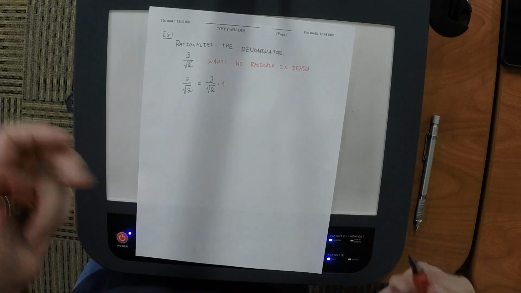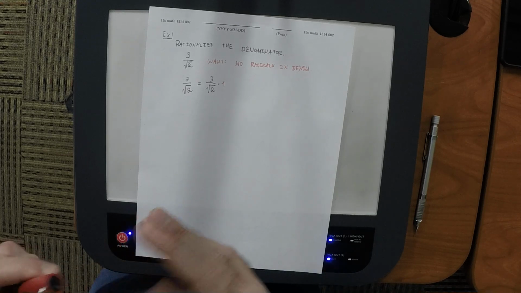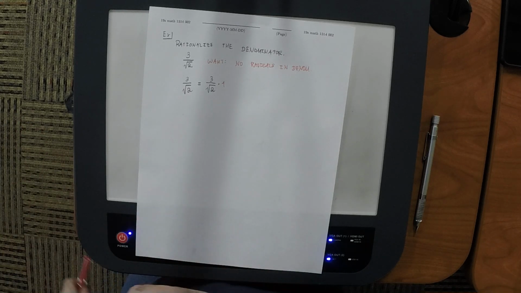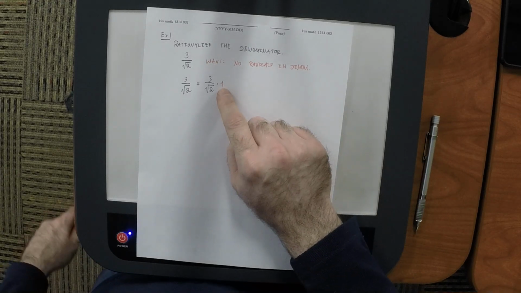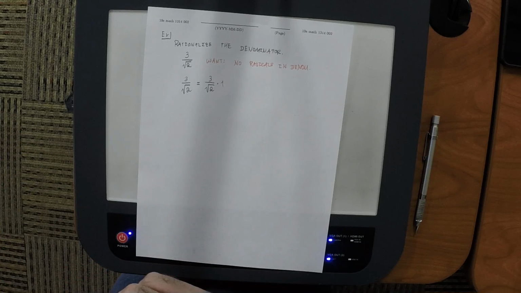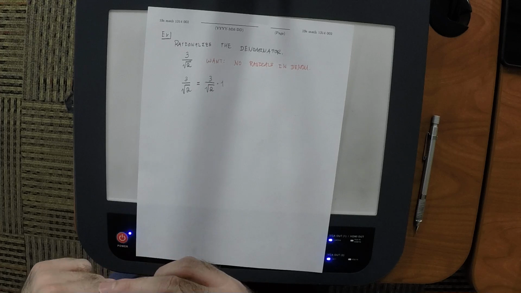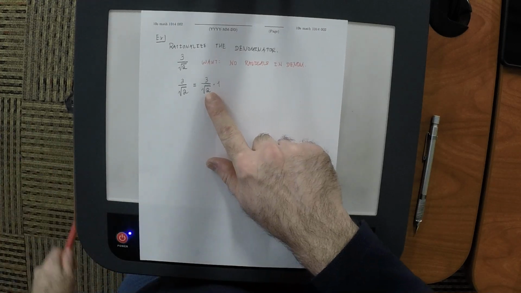But I just need to be really selective, kind of clever about how I'm going to write 1. So there I wrote 1, and that's not very helpful. So now I need to come up with some better way to write 1. So I could write 1 as like 5 over 5, say. That's a way to write 1, because if I take this number and multiply it by 5 and then divide it by 5, then I haven't done anything.